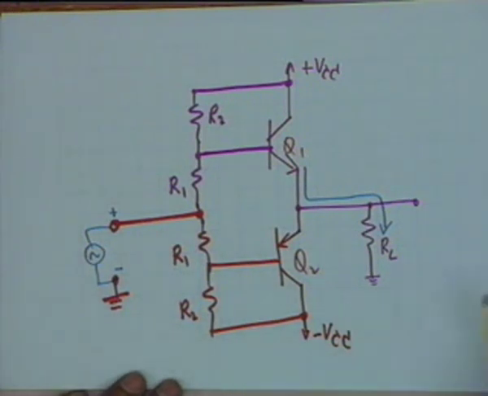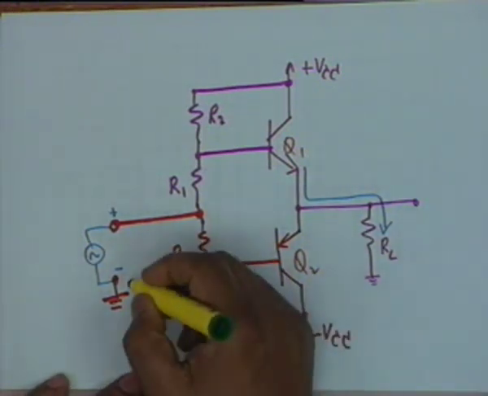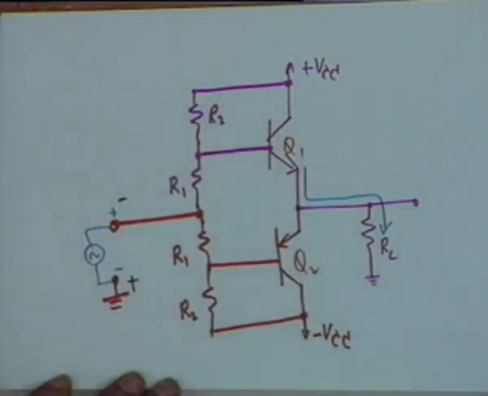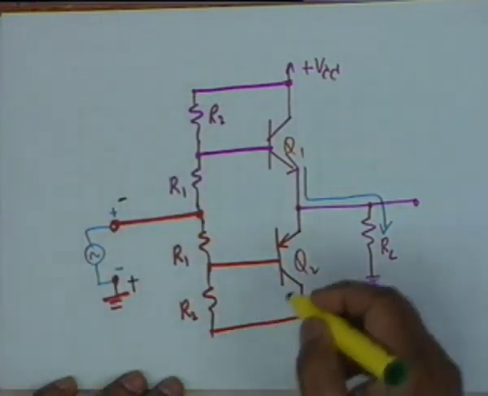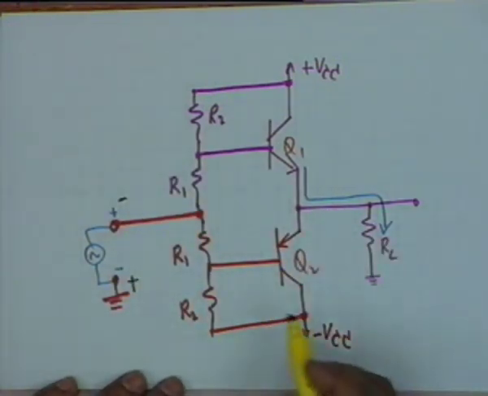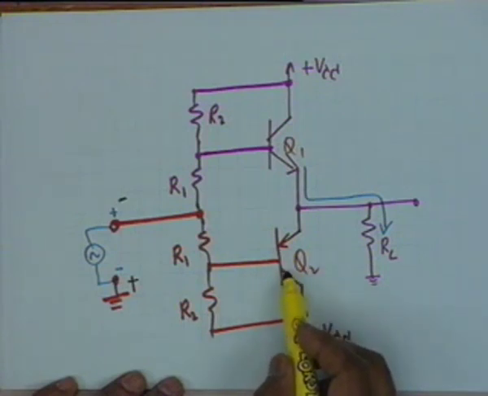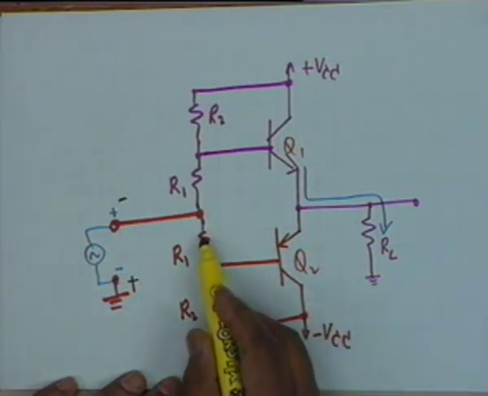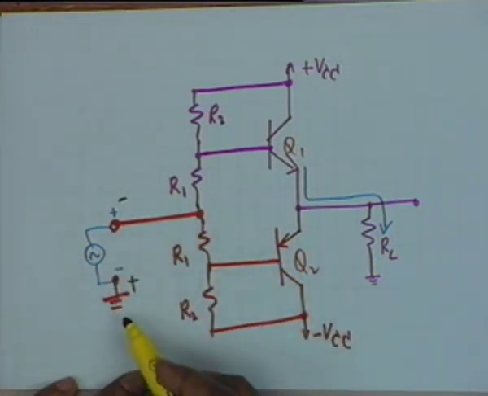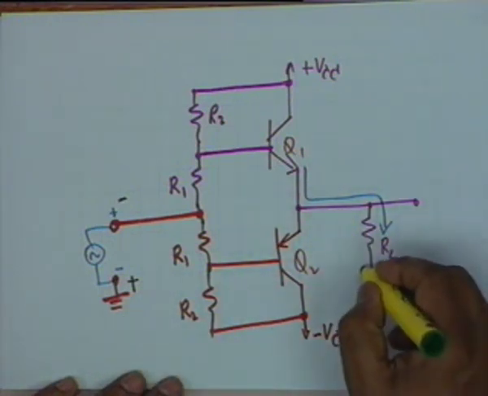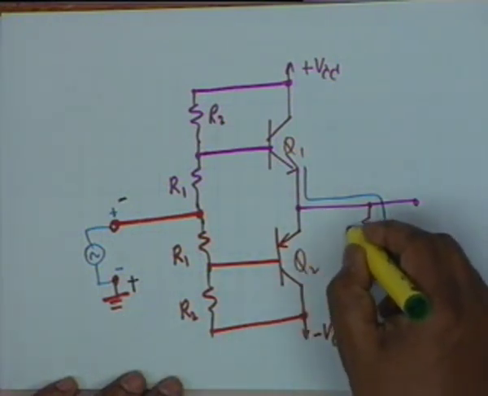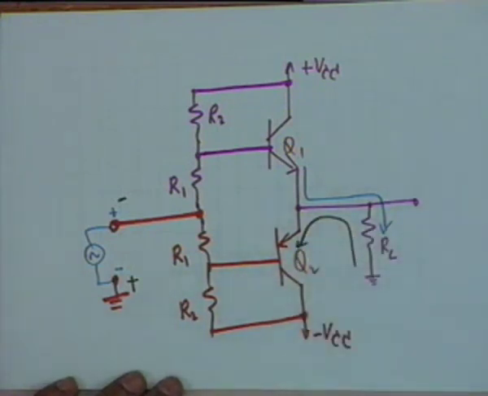Alright. On the other hand, when this becomes positive and this becomes negative, Q2 conducts, that is, the current now comes from the base of Q2, right. It is a PNP transistor, current comes from the base of Q2 and flows like this, and therefore what happens is the current comes into the emitter and flows like this.